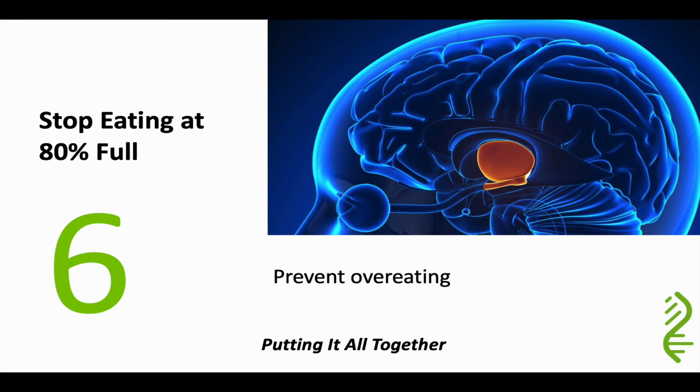Stop eating at 80% full. This actually relates back to PYY. PYY is released by the intestine, right? So as you eat, it takes about 20 minutes for the signal to get to your brain that you're full. Now, many of us are doing the dishes by 20 minutes in, right? So we eat too quickly.